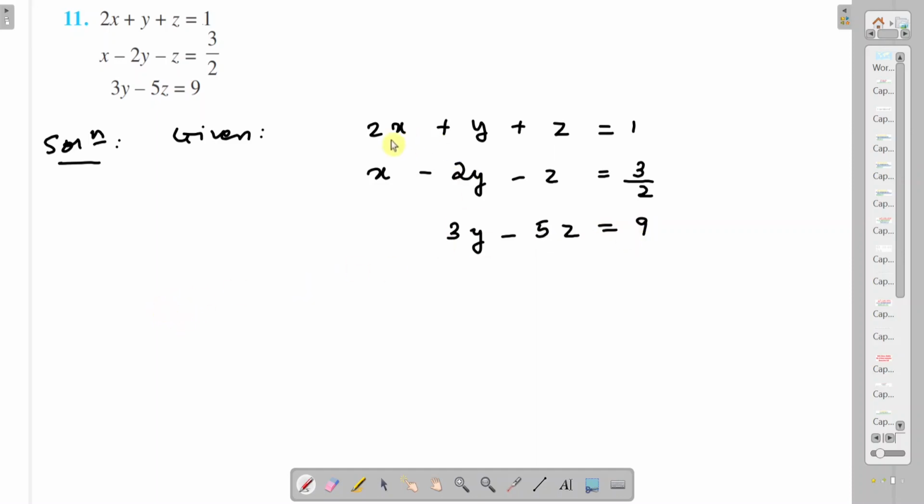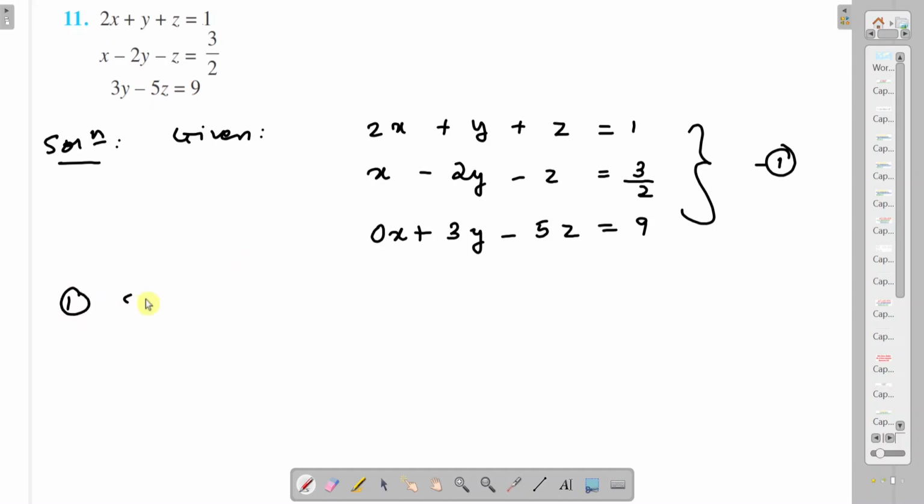Let us rewrite this system of equations. In the third equation there is no x variable, so we write 0x there. We will call this system of equations 1.